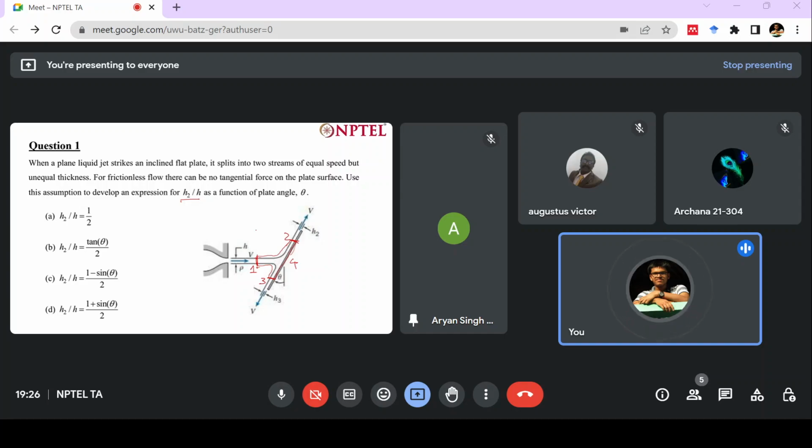Here they have mentioned that the flow taking place along the plate is frictionless flow. Frictionless flow means there is no tangential force on the plate surface. So whatever forces are exchanged between the fluid and the solid are normal forces, which is the atmospheric pressure plus the gauge pressures.